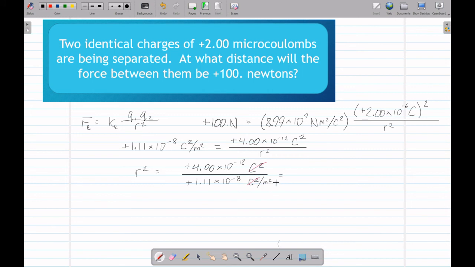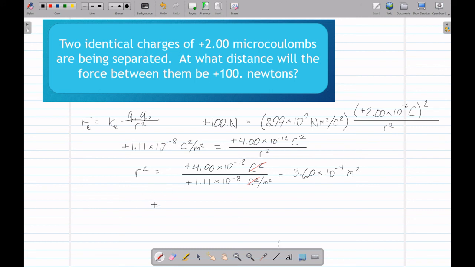We punch this into our trusty calculators and we get 3.40, excuse me, that is not correct. My fault. We get 3.60. I wrote it down ahead of time so I wouldn't have to waste your time punching the numbers into the calculator, but it doesn't do much good if I don't copy it correctly. 3.60 times 10 to the minus 4 meters squared.